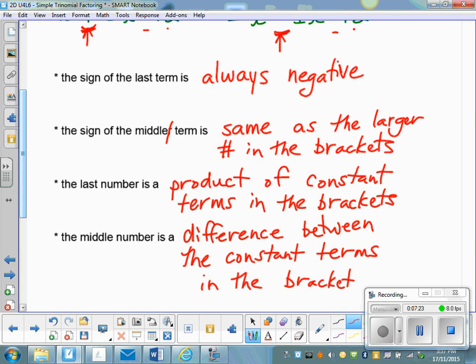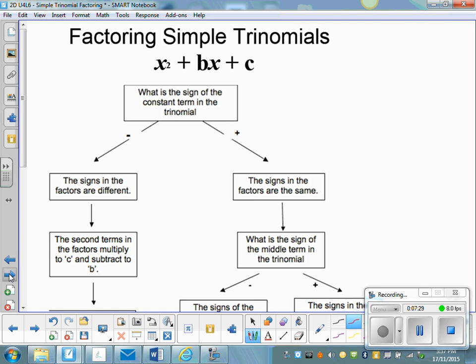Okay. Now the next page has a flow chart. I'm not going to go through the whole flow chart, but the beginning of the flow chart I find very helpful. It starts off by saying, what is the sign of the constant term in the trinomial? So we really want to check and see, is that a positive or a negative at the end?